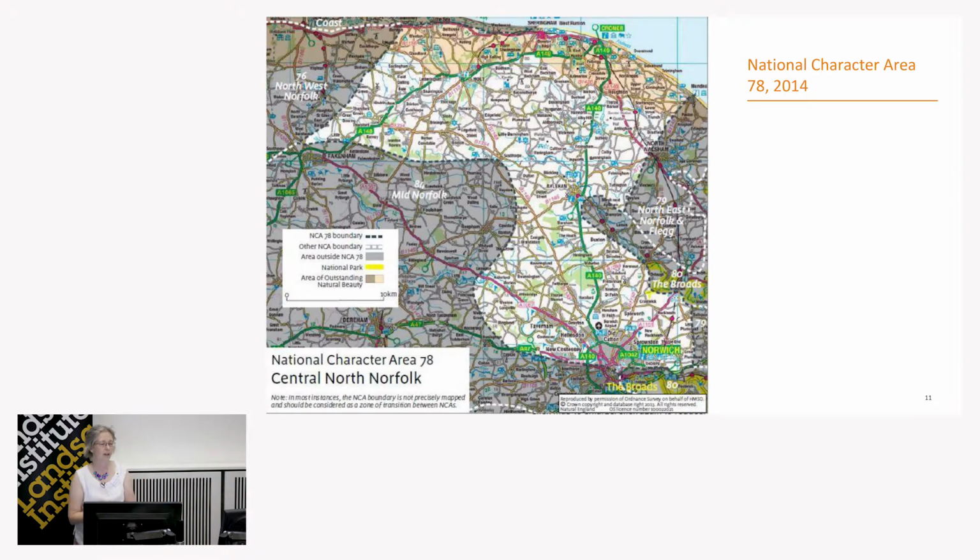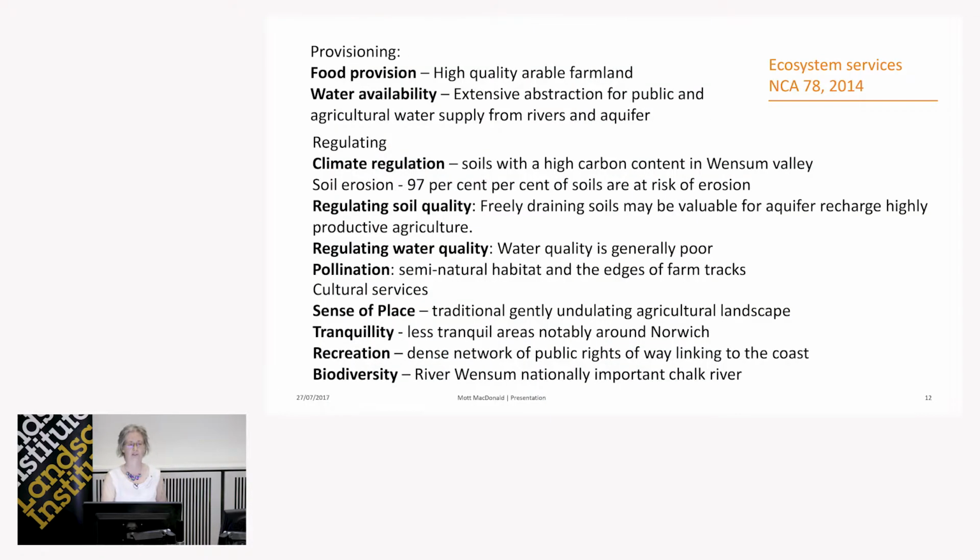The National Character Area Profile for Central North Norfolk, Area 78, has defined a range of ecosystem services that can help drive the direction of travel for the particular projects you're taking forward. So we've got provisioning services: it's high quality arable farmland, there's abstraction for public water, and soils are noted as being at high risk of erosion, and they're actually nutrient poor.